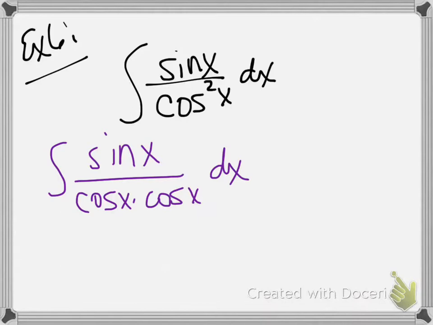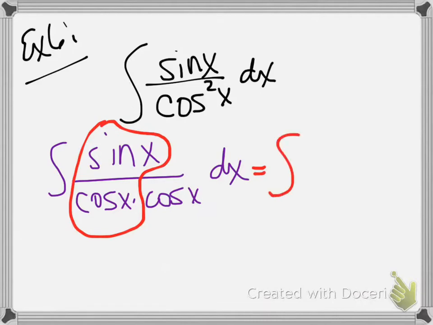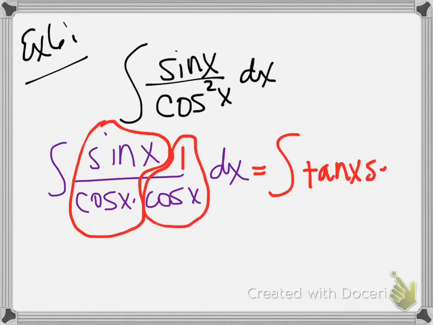When I do that, you might be able to see right off the bat that I can do some grouping. Sine x over cosine x is tangent x. And that leaves me with a 1 over cosine x, which is secant x, dx. Okay, so that makes a totally different problem.